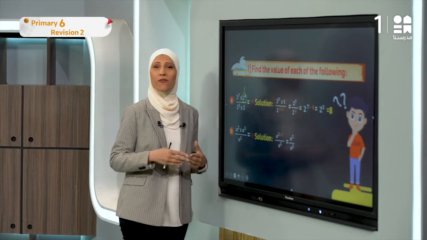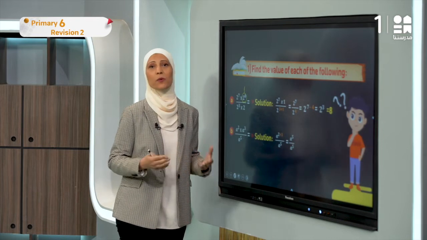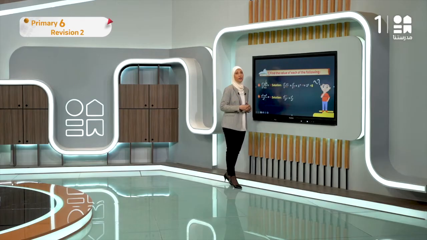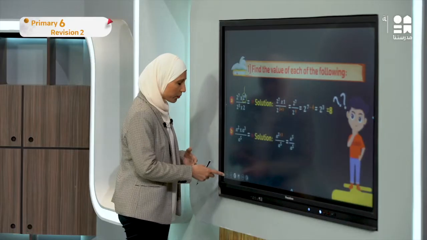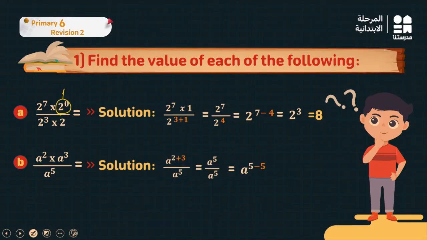When I have equal bases and division, I subtract the powers. So I make a to the power of 5 minus 5. 5 minus 5 gives me 0. So a to the power of 0 equals 1.